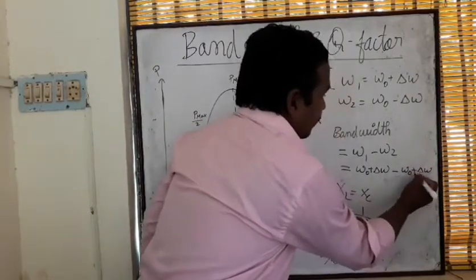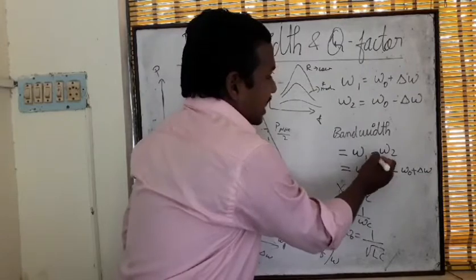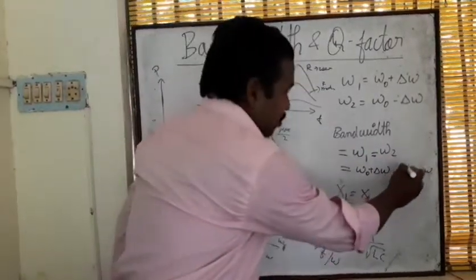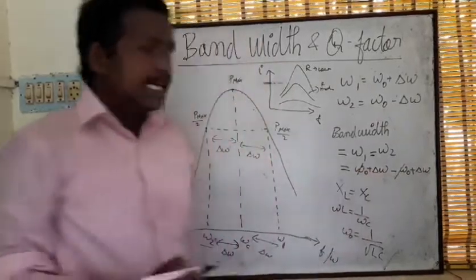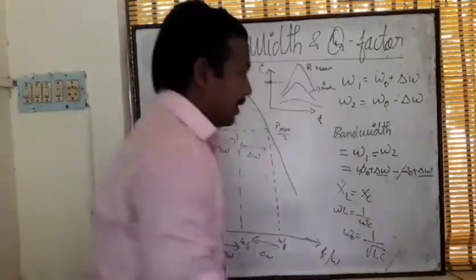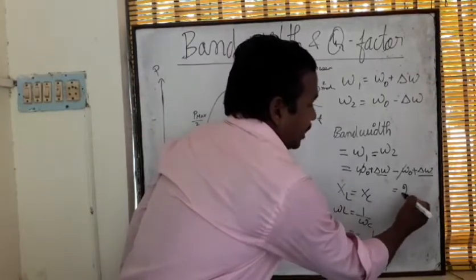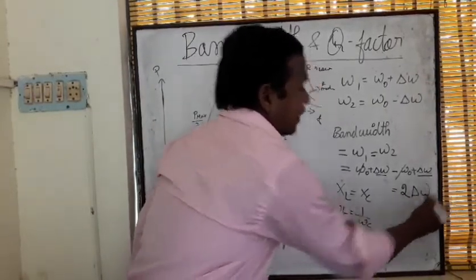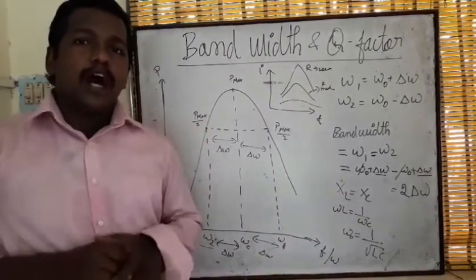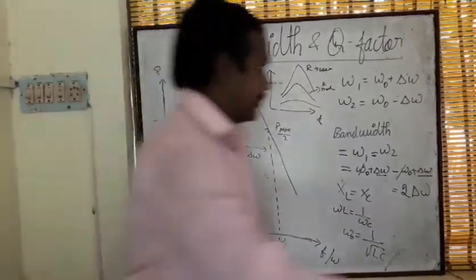This minus is going to become plus because when we take this minus inside, it becomes plus. So omega naught gets cancelled. The bandwidth is going to be 2 times del omega. It's the bandwidth representation. Now I'm going to explain how the Q factor is formed.